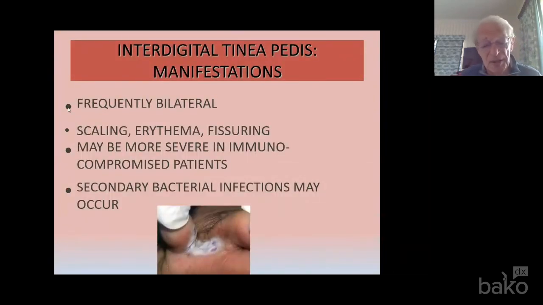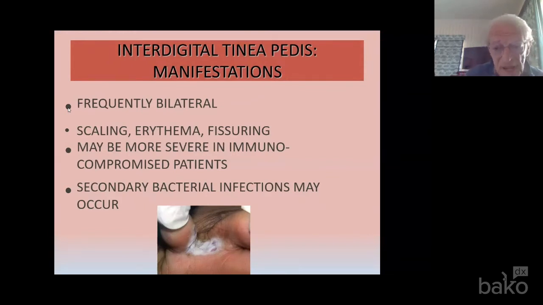Interdigital tinea pedis seems to be the thing that most of us think most patients have, but here again, without proper culturing techniques, or identification techniques, I should say, we really don't know what it is that we're dealing with. But interdigital tinea pedis, as you know, is associated with scaling and erythema and fissuring.